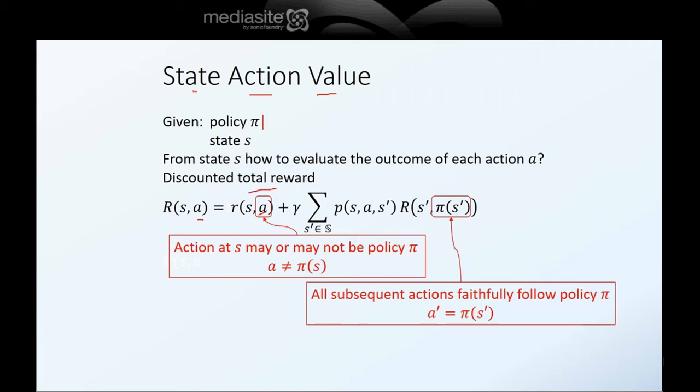However, that's only for this particular state, and then subsequently we will adopt the given policy. So only for evaluating from state S all possible actions, we will have to evaluate all possible actions, but the policy pi gives you one particular action.